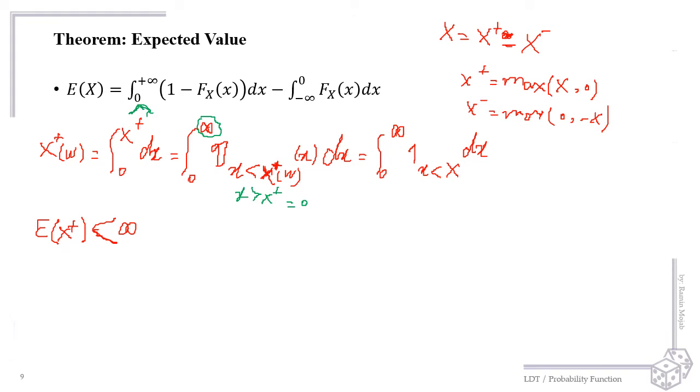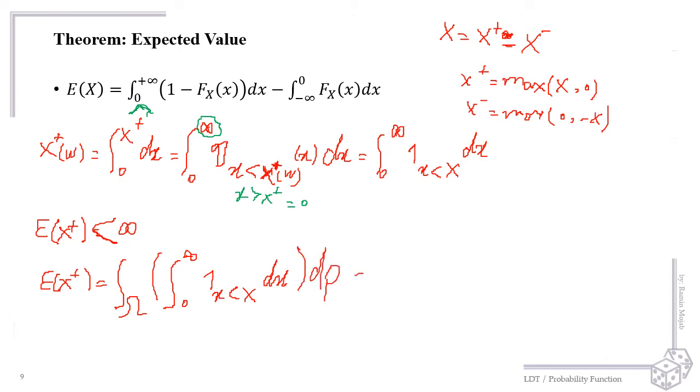And the expected value, by substitution, we have the integral over omega, from 0 to infinity, of the indicator function x less than x, d of P, and we can use the properties of the Lebesgue integral and show that this is equal to the integral of the probability that X is less than x, d of x.